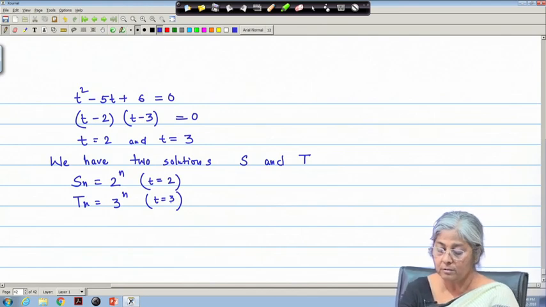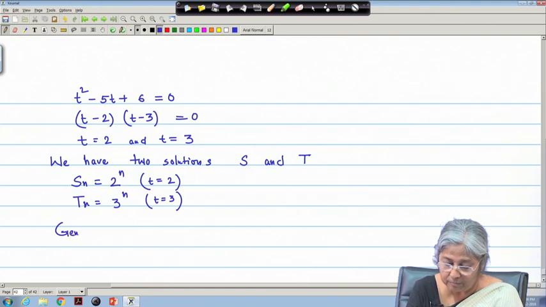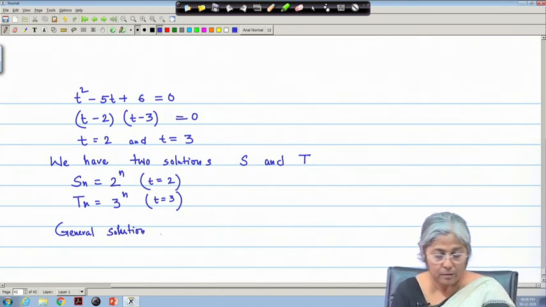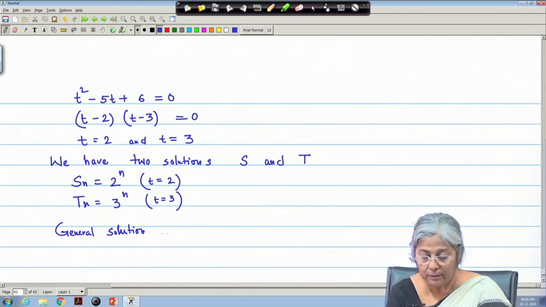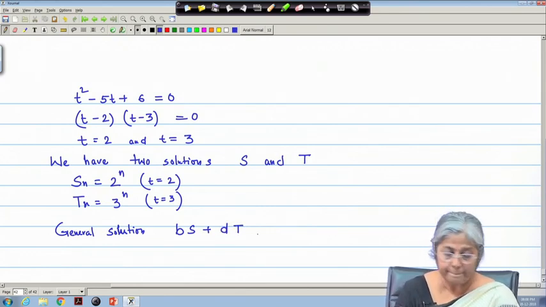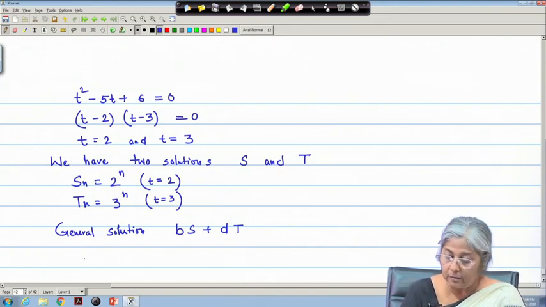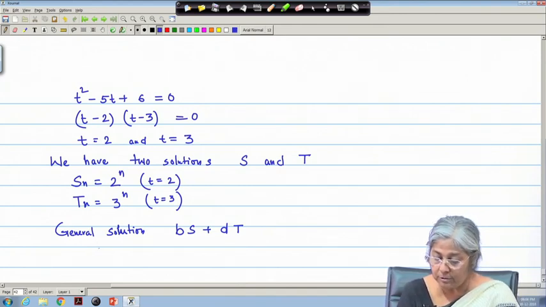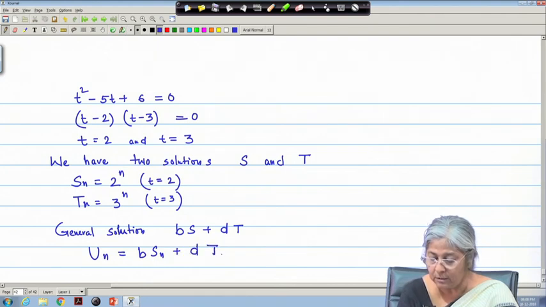So, the general solution form is Bs plus dt. So, I can write the solution Un equal to Bsn plus dTn.